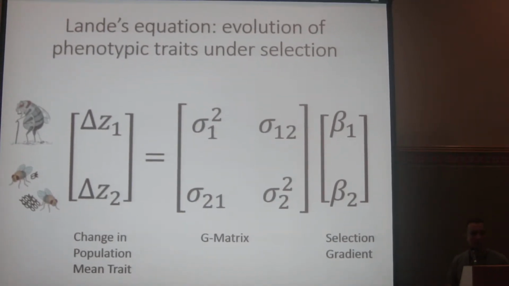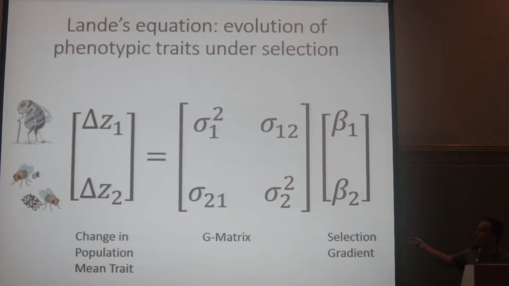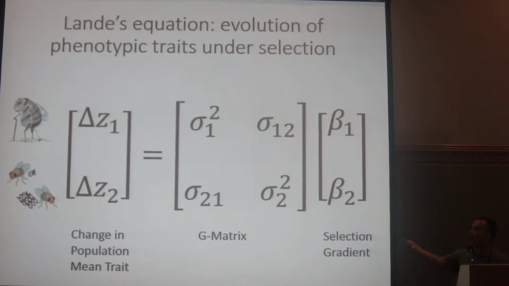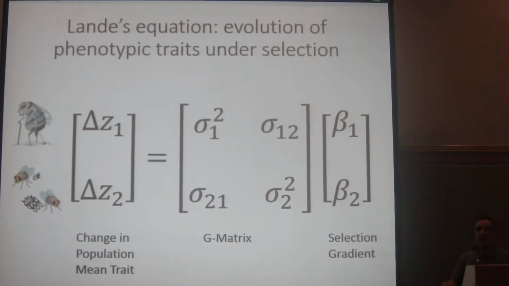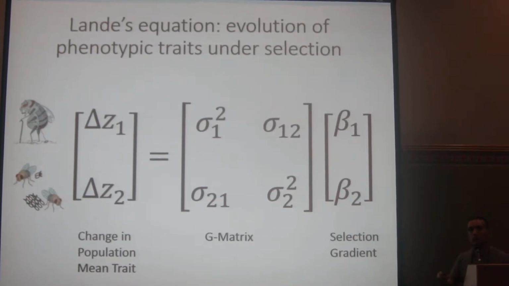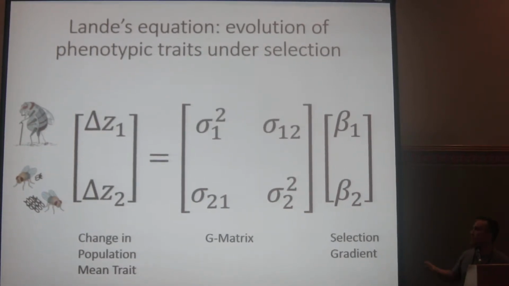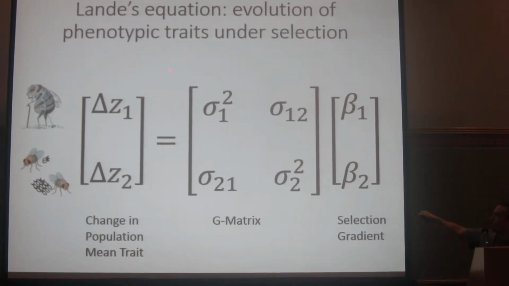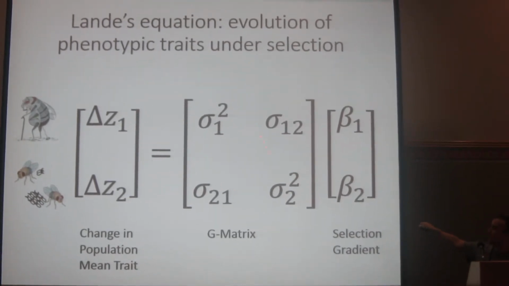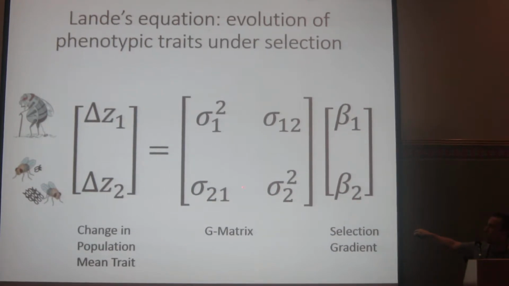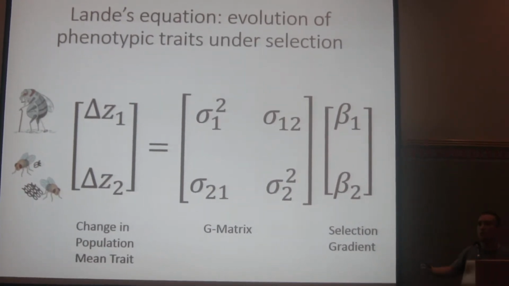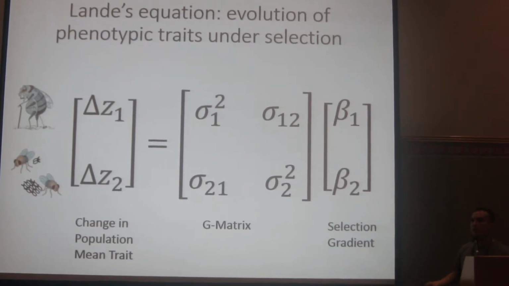So in this case, we know that the genetic covariances or genetic correlations are important in shaping the short-term evolution of traits, right? And if we want to ask questions about how traits evolve together, we need to look at this picture and, more importantly, note that these components are responsible for shaping the short-term evolution, but we also need to account for the fact that these components change in the long term and are shaped by forces in evolution, right?